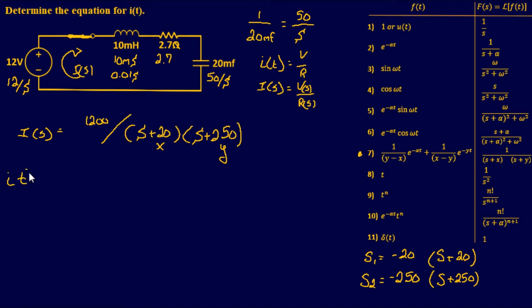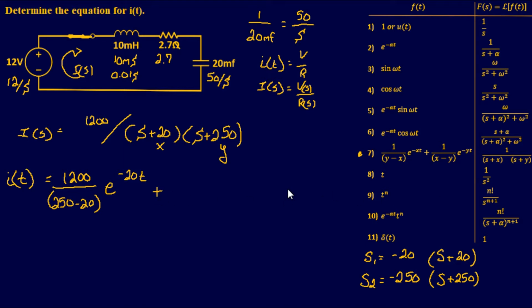So I'm going to say I of t, because we're going back to the time domain now, it's going to be 1200, because we don't have a 1 here, we have a 1200 here. That's going to be over, and then we're going to have y minus x, so 250 minus 20. All right, and then e, and that's going to be times to the negative x, so we have 20 times t.